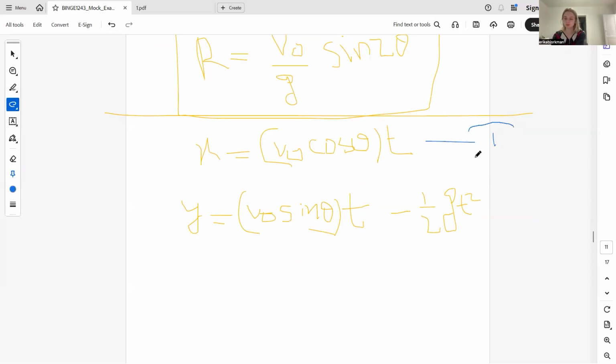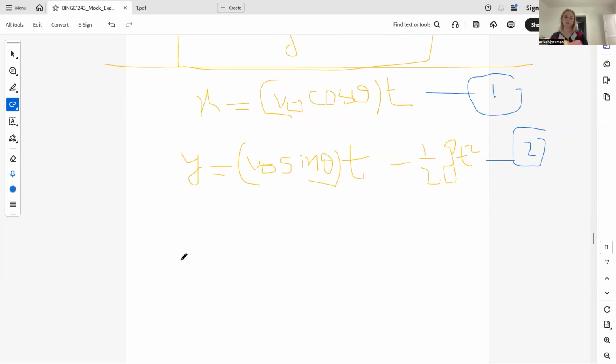You can say it is equation 1 and it is equation 2. From equation 1 we need to isolate the time. Then t is equal to x over v naught cos theta.